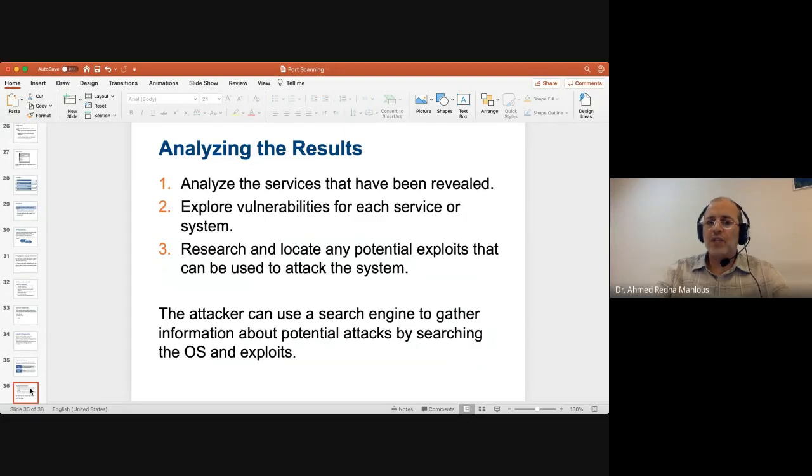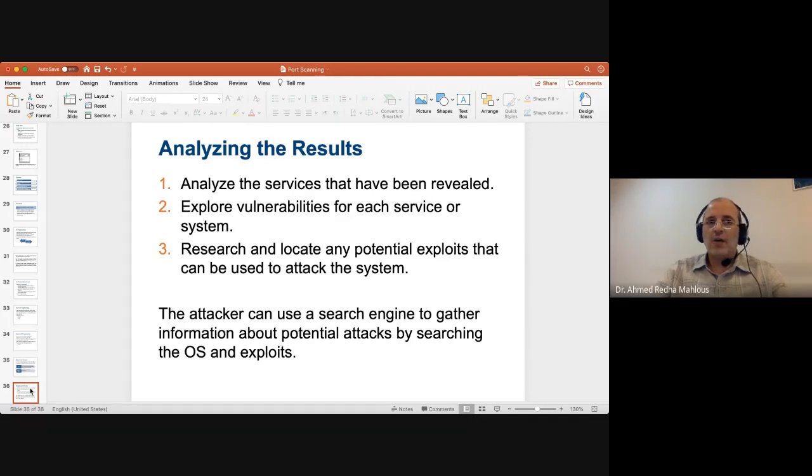Once you receive the results, you analyze them, see the different services running on the machines, find the corresponding vulnerabilities for each service, and search for potential exploits that can be used to attack the system. As we mentioned, you can use the Google Hacking Database to search for such vulnerabilities.